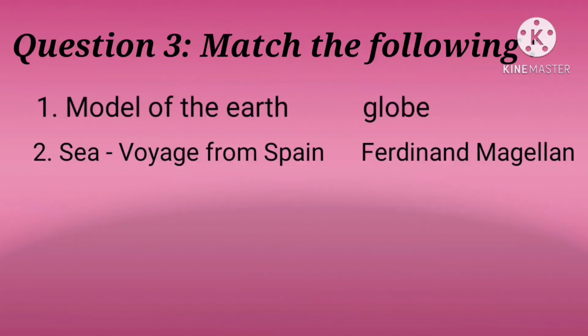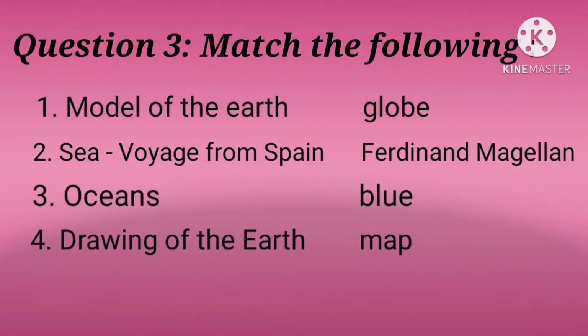Now the third one is oceans. And what is the color of oceans? The correct answer is blue. See the fourth one. Fourth is drawing of the earth.